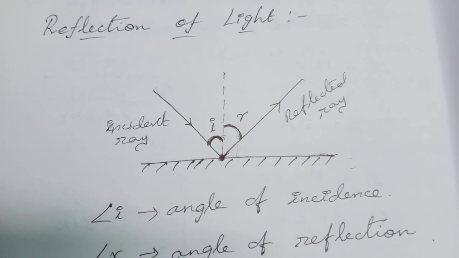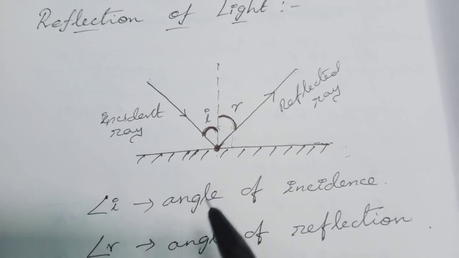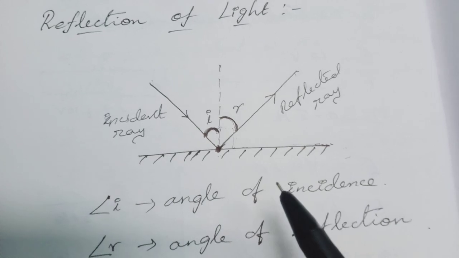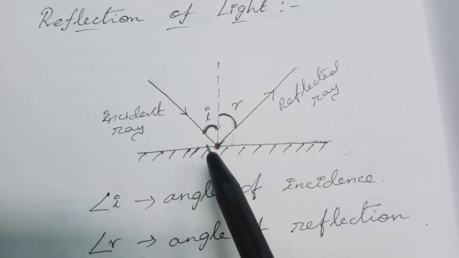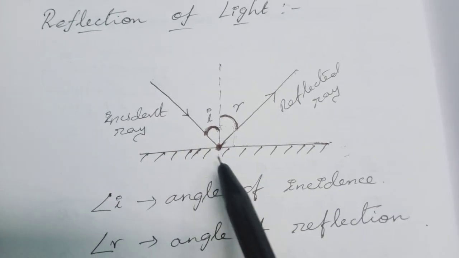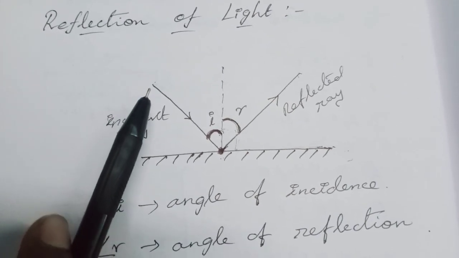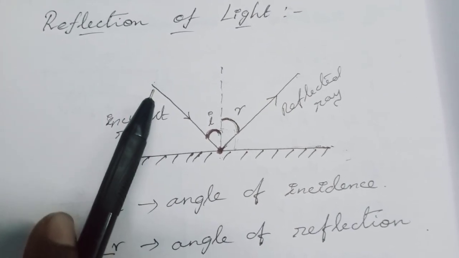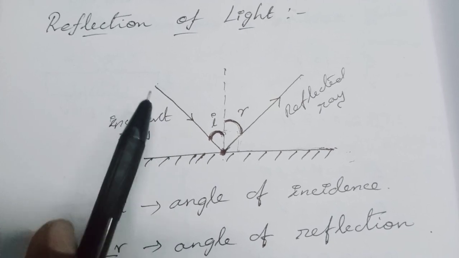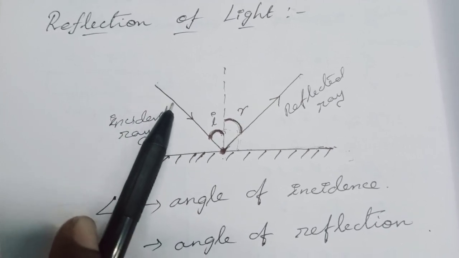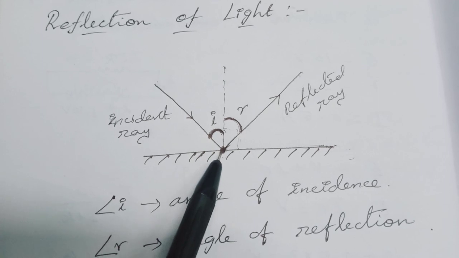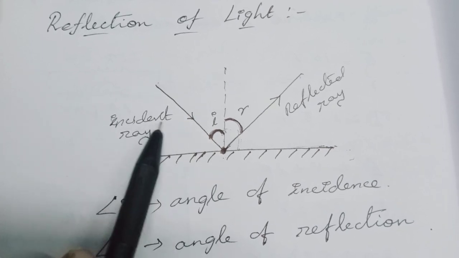Now you can imagine that in front of this plane mirror you place some object, or otherwise you consider a light ray incident on this plane mirror. This is the light ray, which is denoted by the arrow mark. The light ray which is falling on this mirror is called the incident ray.